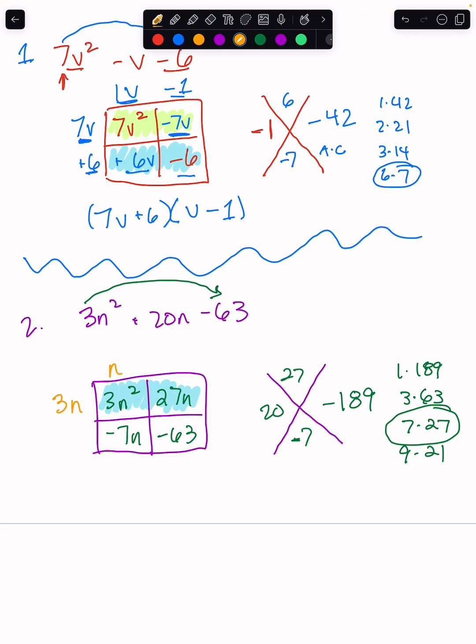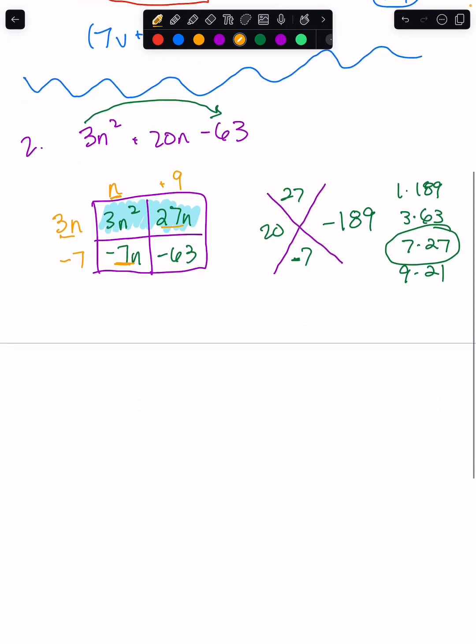And then 3n times what is going to give me 27n? That's going to be a positive 9. Okay? Now I'm going to look here. N times what gave me negative 7n? That's negative 7. So now we got to do 3n minus 7, and I got n plus 9.